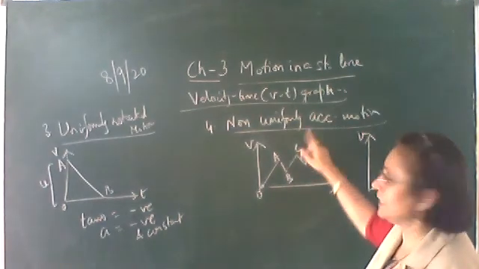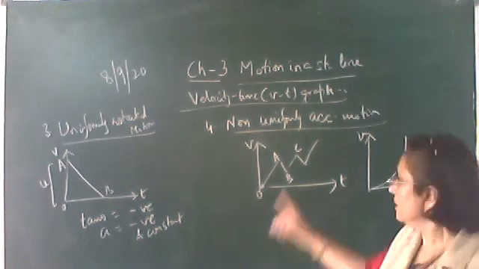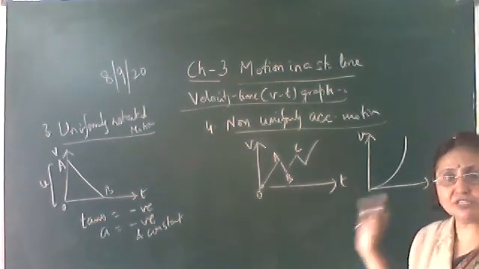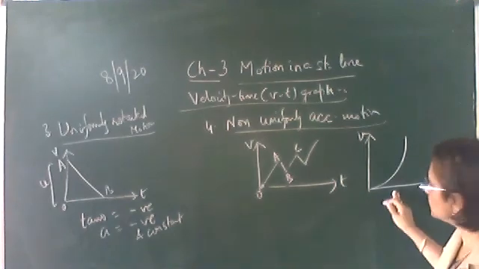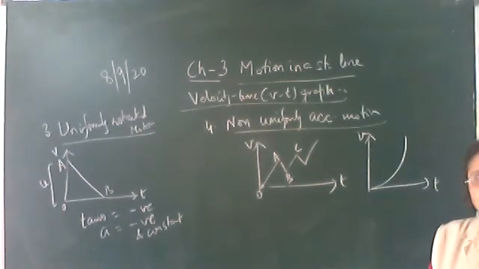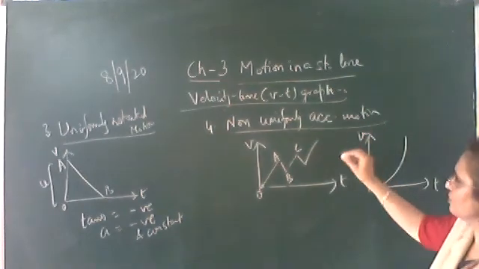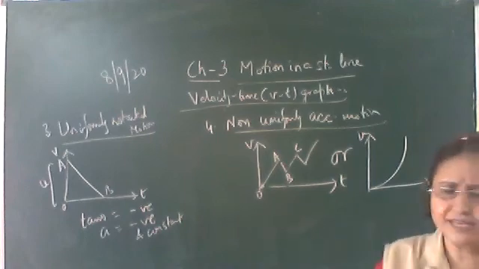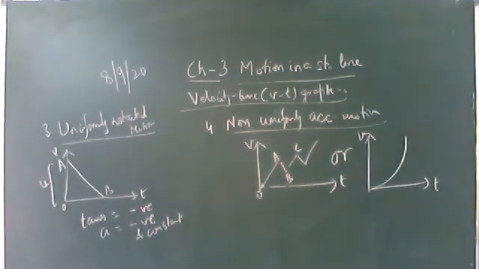B to C, again accelerating. But here the acceleration is not changing uniformly with time. In this case, the acceleration is uniformly changing with time, so it would be a curved line. For non-uniformly accelerated motion, it is either this or any type of zigzag line.